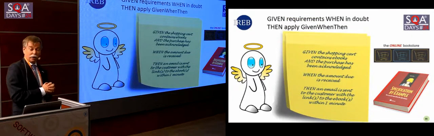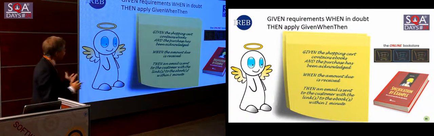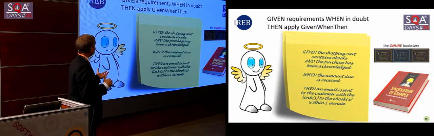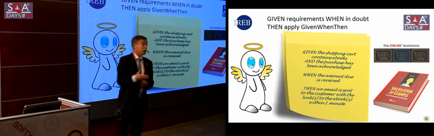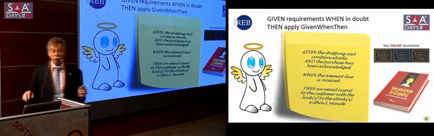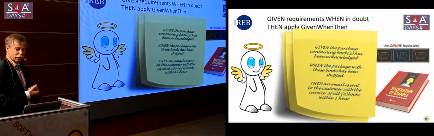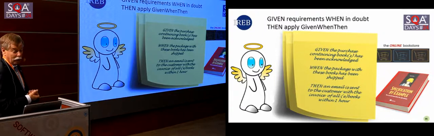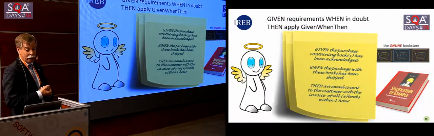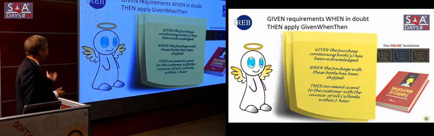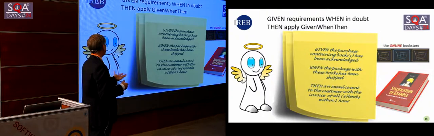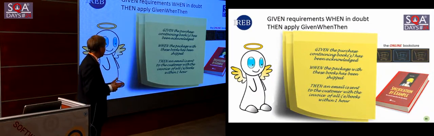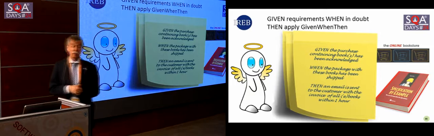And given the shopping cart contains e-books and the purchase has been acknowledged, when the amount due is received, then an email is sent to the customer with links to the e-books within 1 minute. Completely different story. Given the purchase contains books and has been acknowledged, when the package with these books has been shipped, then an email is sent to the customer with the invoice of all the books within 1 hour, for instance.